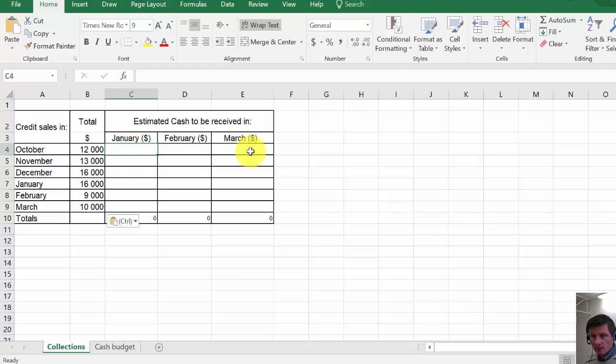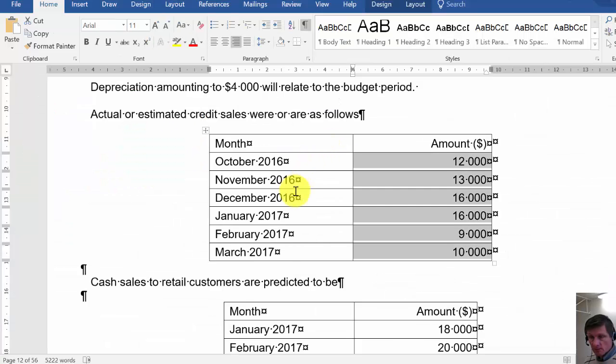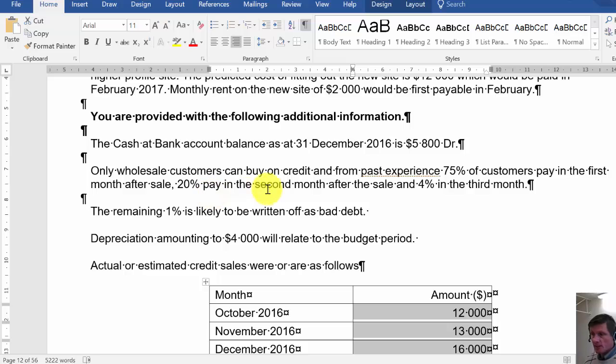They're ready to go. The other thing we need to keep in mind is the pattern of when customers pay. It's 75 percent, 20, and then 4. And this 1% is likely written off as bad, which means you don't worry about it. So we only collect 99% of our debts.